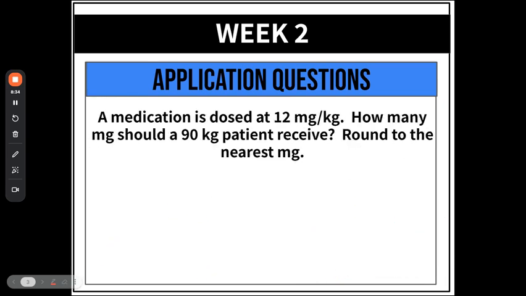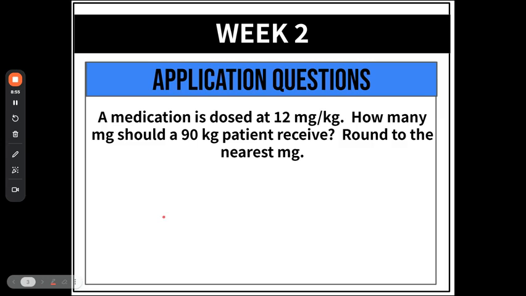Okay, a medication is dosed at 12 milligrams per kilogram. How many milligrams should a 90 kilogram patient receive? Round to the nearest milligram. All right, so for this question, we're going to set up what's called a proportion.